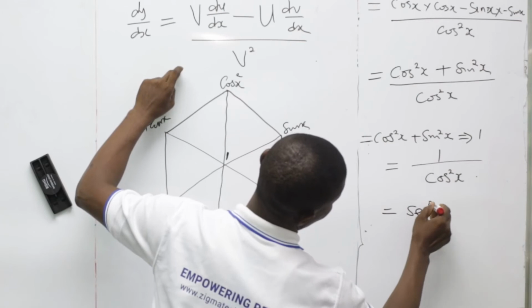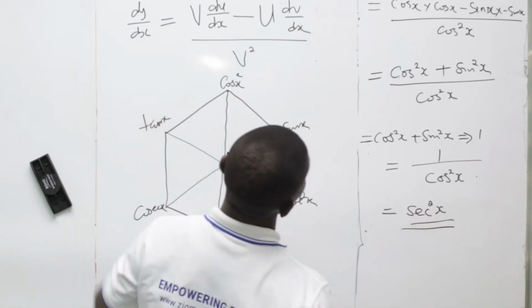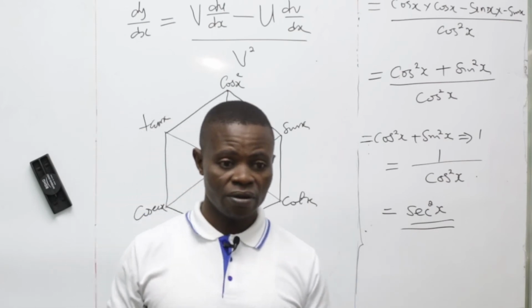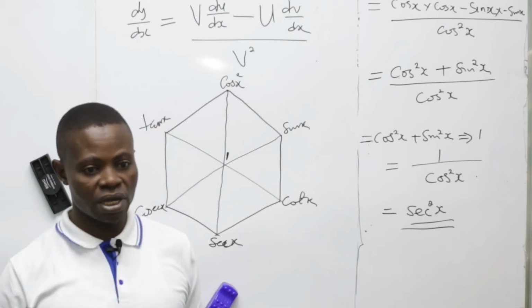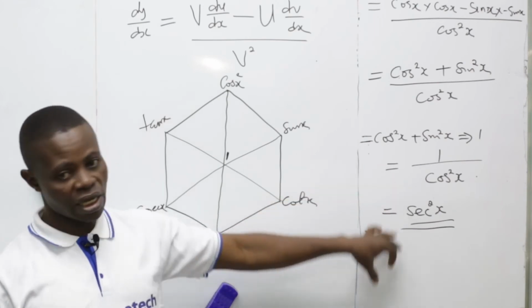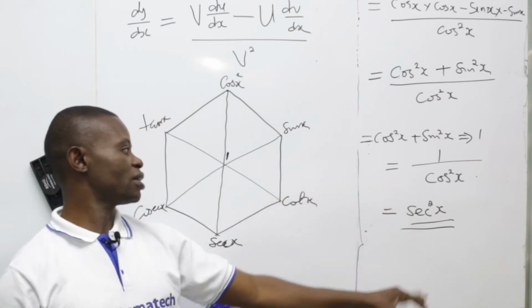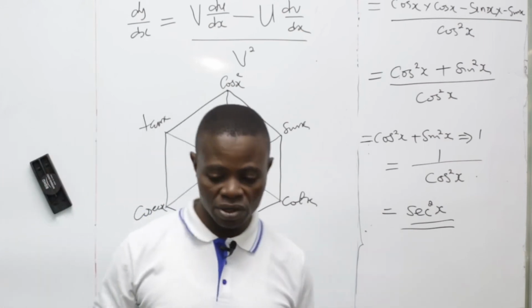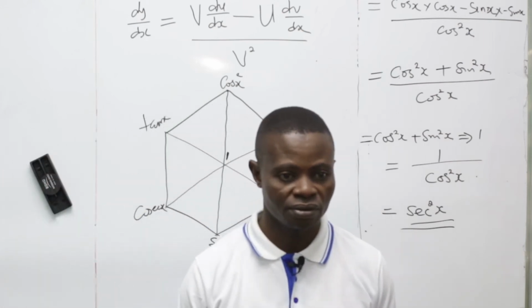Sec squared x. Therefore, the derivative of sin x all over cos x equals what? Sec squared x from our super hexagon. So that is the solution to that question.